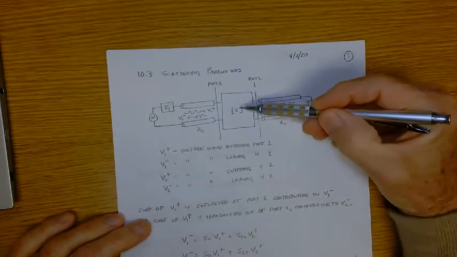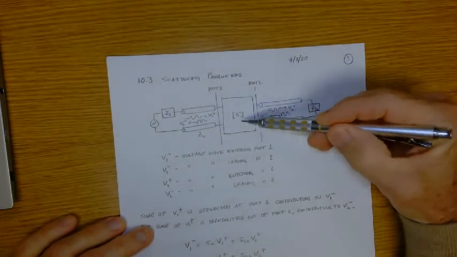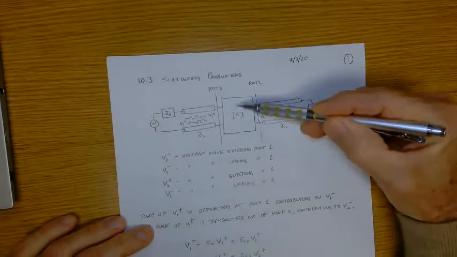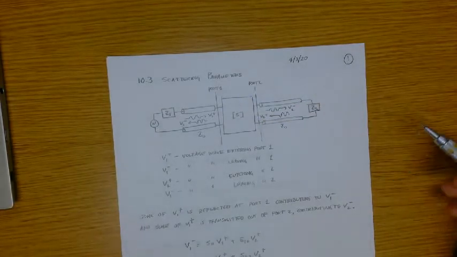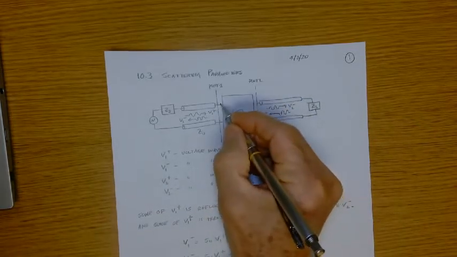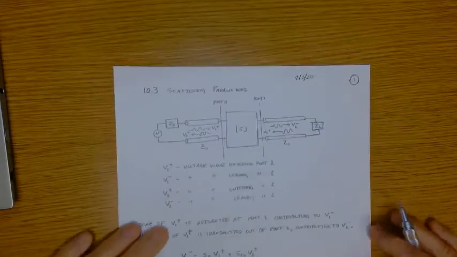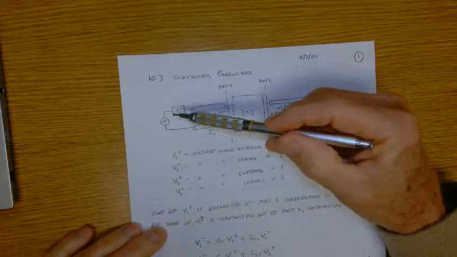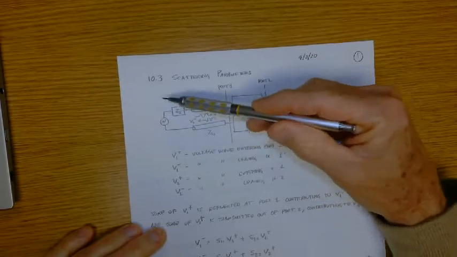And so, right here we have some network. You don't know the details of that, and then we'll specify the details and find the scattering parameters for some different networks later. And then here, right, we have the source located here.